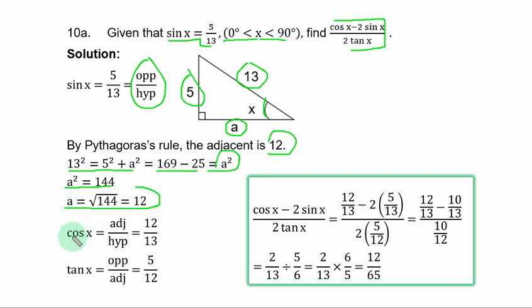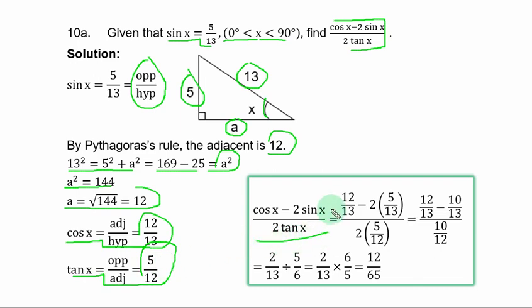So therefore, cos s, that is equal to adjacent over hypotenuse, is now 12/13. Tan s, that is opposite over adjacent, is now 5/12. We can now evaluate this.